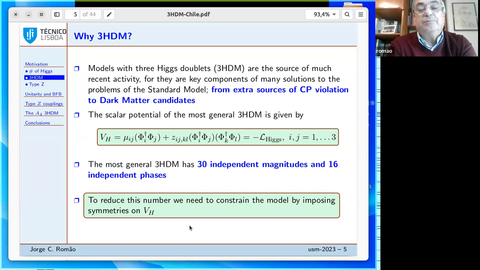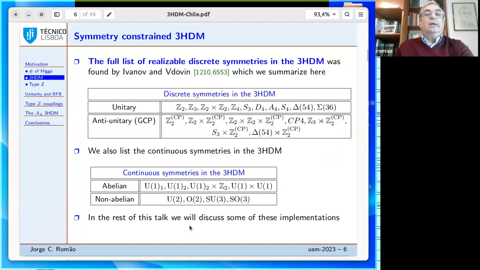And of course, this is far too many to be able to do any phenomenology with these models. Then what people do, essentially, is try to reduce this number by constraining the model by imposing symmetries on the Higgs potential. And that's why I'm talking about this symmetry-constrained 3HDM.